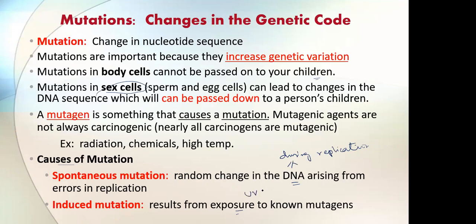If you are standing under UV rays for a long time, that can bring mutation. Any poison, any gas, all these environmental factors that can induce mutation are called mutagens. Because of the mutagens, mutation occurs, and that mutation is called induced mutation.